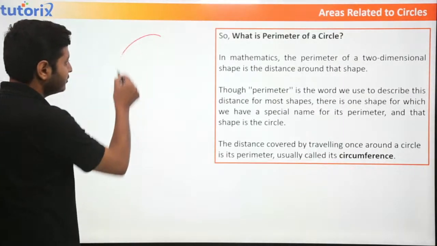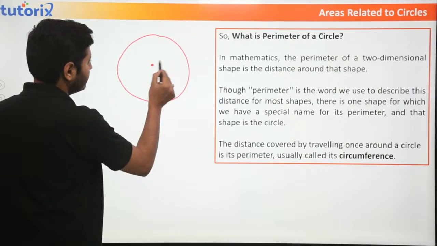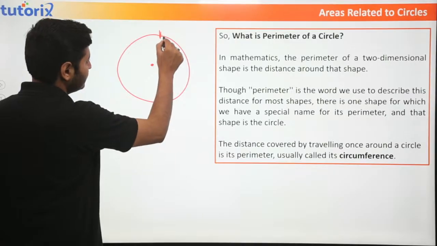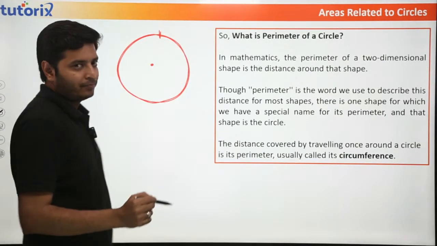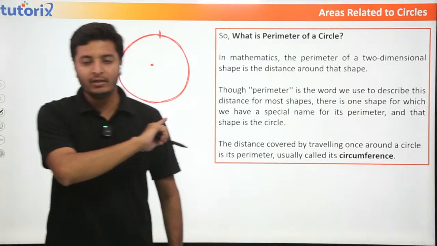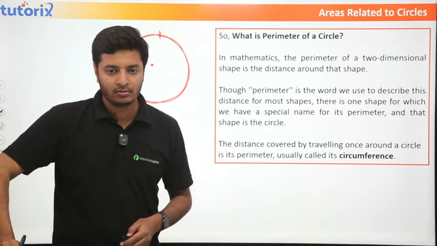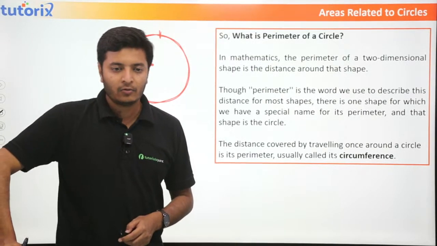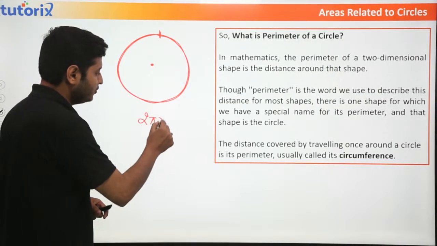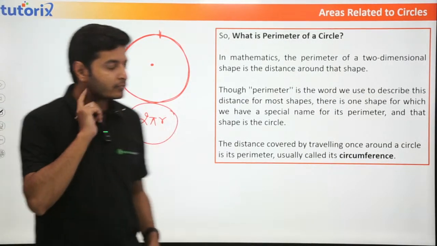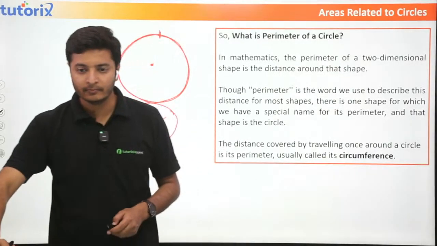Suppose this is a circle. If you are starting from this point, then how much distance you are going to cover after completing a round? This distance is the perimeter or circumference of this circle. How to find the circumference? The formula is 2 pi r.